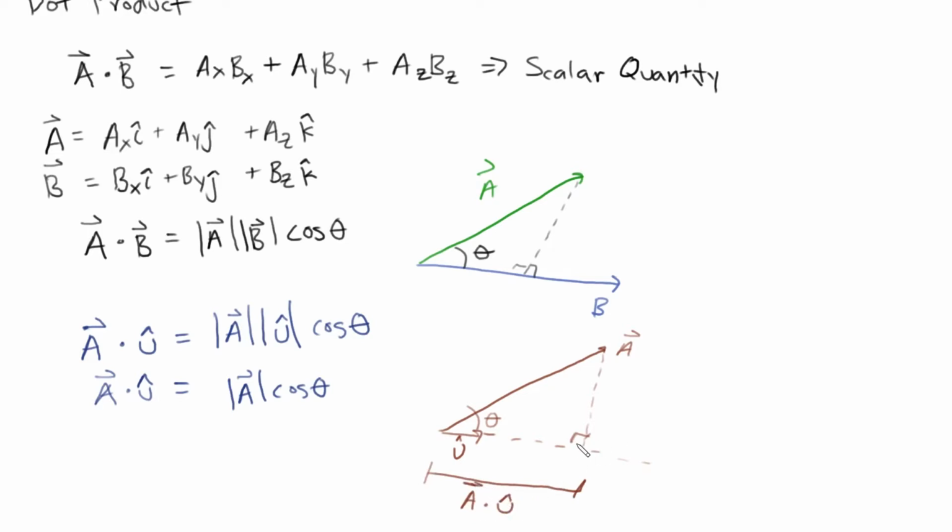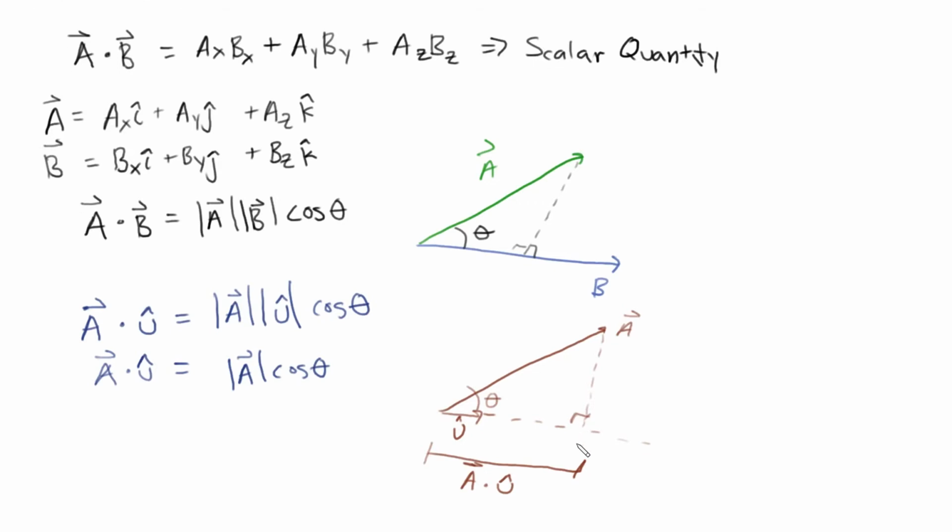And the reason why that's useful is because now we can project vectors in arbitrary directions instead of what we did before, which was in the I direction, the J direction, and or the K direction. Now we can arbitrarily project it into arbitrary directions in 3D space by using unit vectors instead of the traditional I, J, K vectors.